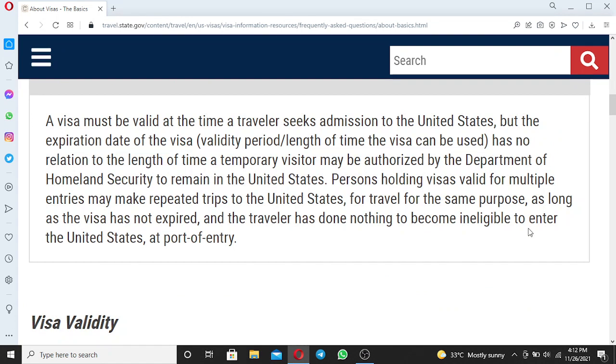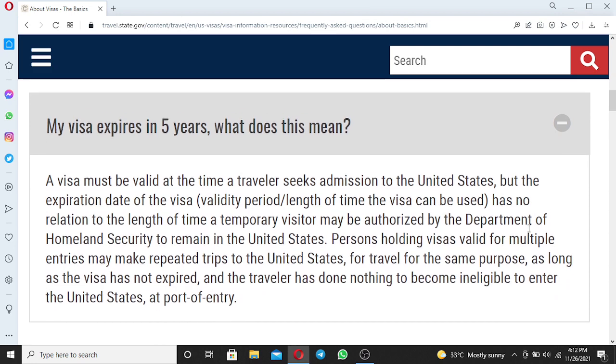A person holding a visa valid for multiple entries may make repeated trips to the United States for the same purpose as long as the visa has not expired and the traveler has done nothing to become ineligible to enter the United States at the port of entry.